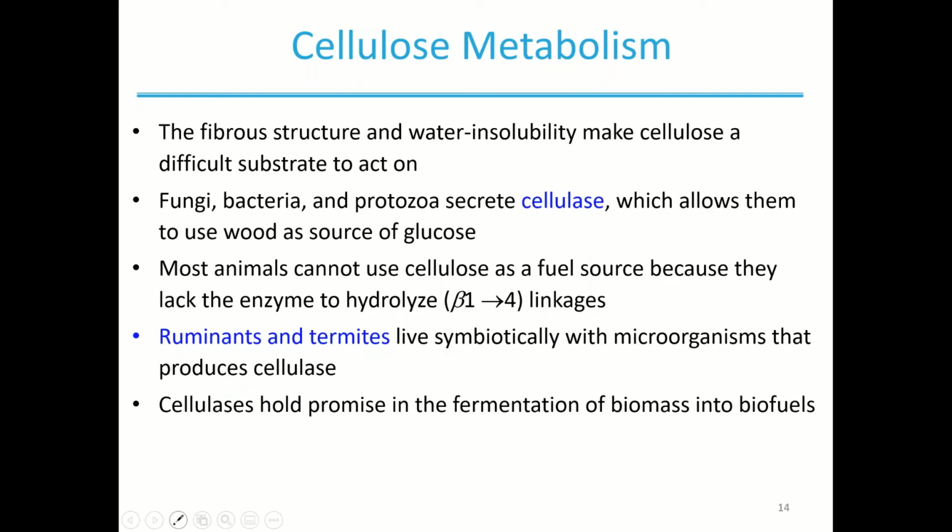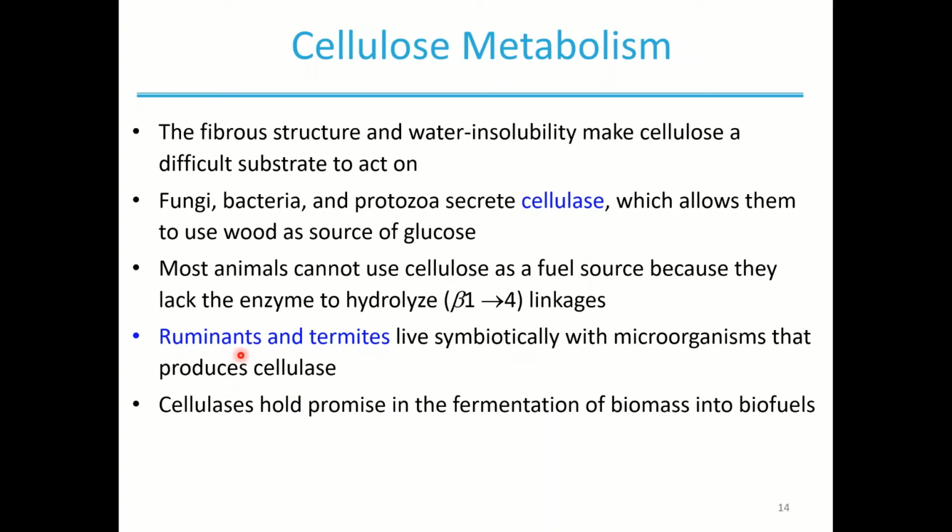Animals don't have the cellulase enzyme, so they can't use cellulose as a food source, because they can't hydrolyze these beta 1 to 4 linkages.